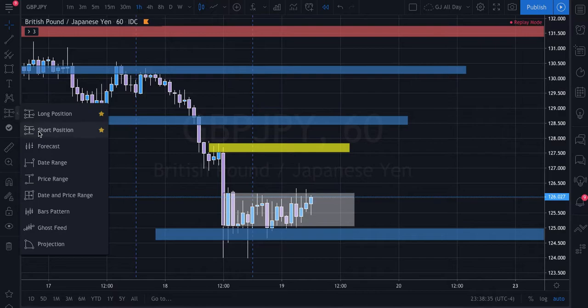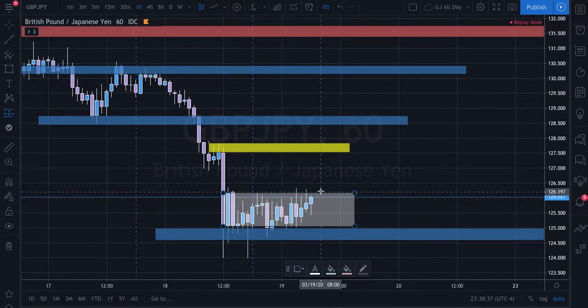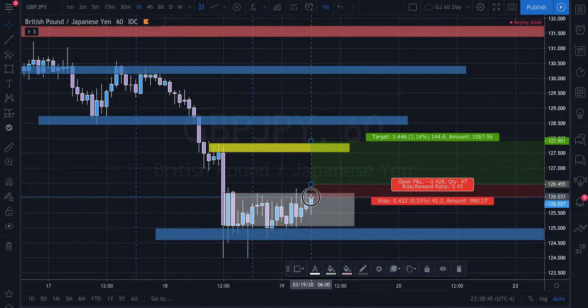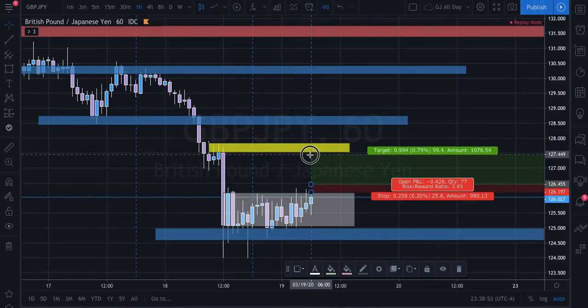I'd probably set up pending above this wick over here. We see we have this clean candle right here. So I'd probably set up pending with a 25 pip stop. Bring it down here because again we don't want to try to catch everything, the whole entire range.